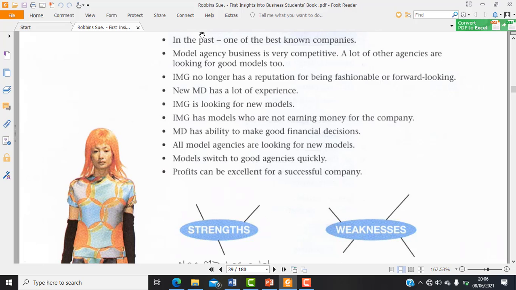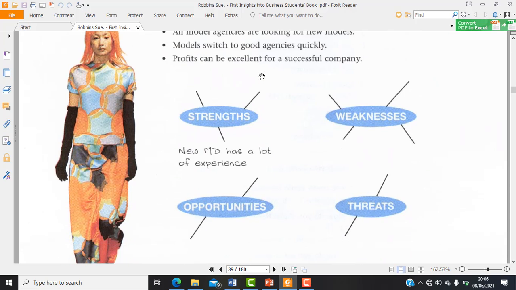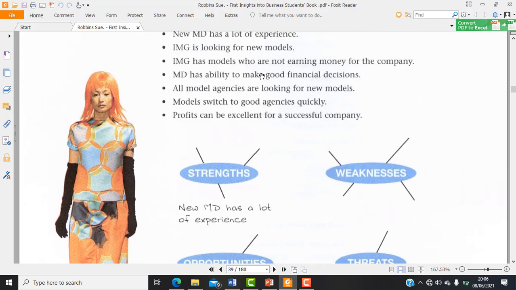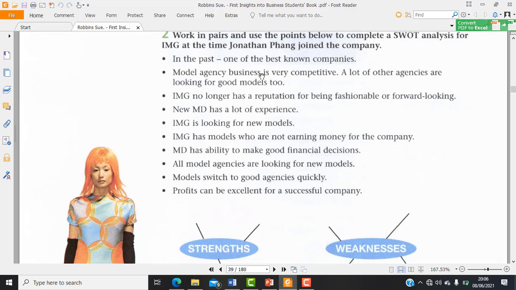And this one, model agency business is very competitive. A lot of other agencies are looking for good models too. Ini apa ini guys? Apakah strength, weaknesses, opportunities, atau threats? Okay, I think it belongs to threats ya, bahwa bisnis agensi model ini sangat kompetitif dan banyak dari agensi yang lain yang mencari model yang bagus juga.